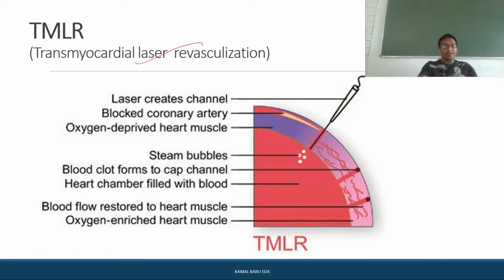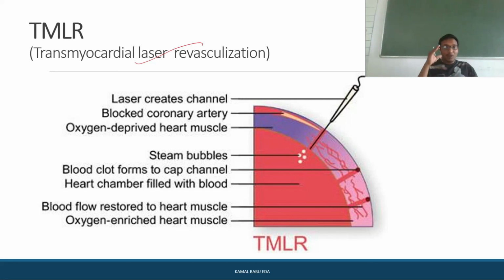Hope you understood. They will use the laser mainly to create channels in the blocked artery or blocked blood vessel, mainly into the left ventricle of the heart, which is very rich in oxygen supply.